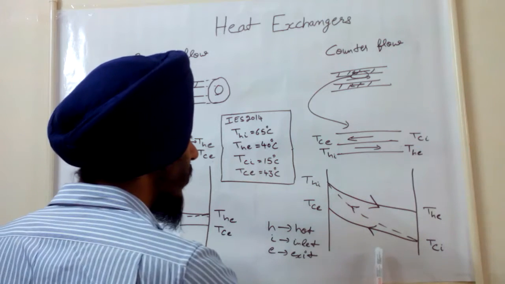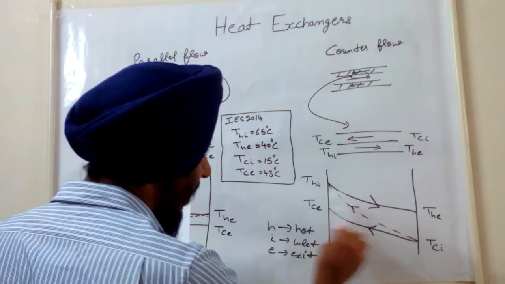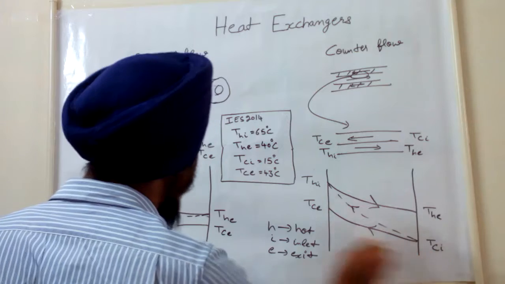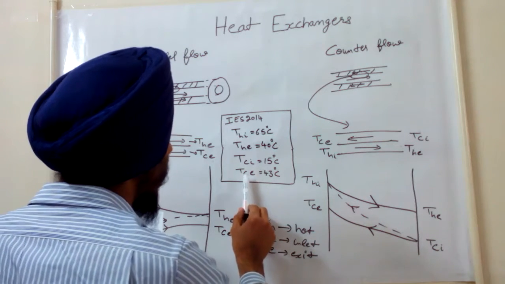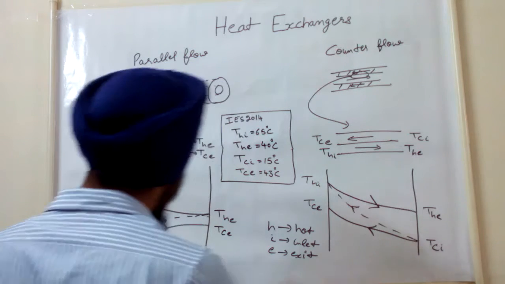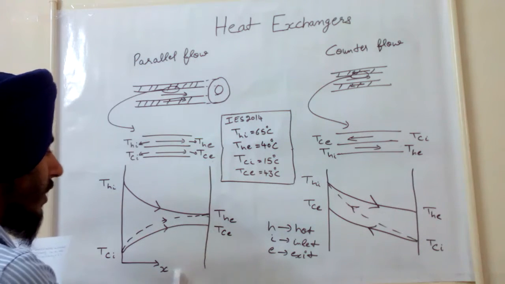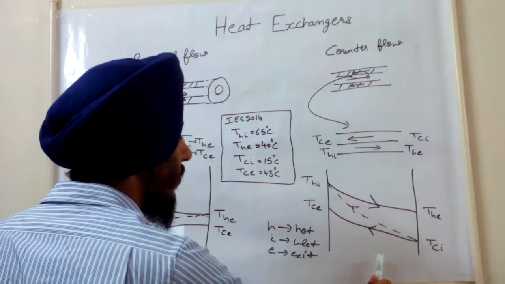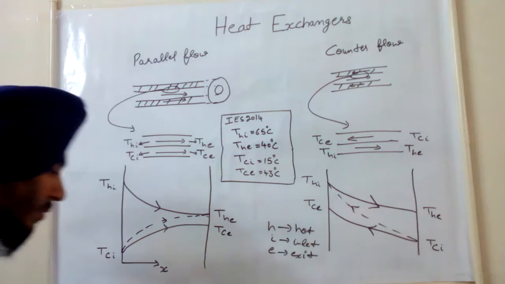But in case of counter flow heat exchanger, T_CE can exceed T_HE. Here T_CE is greater than T_HE. So we can clearly make out it is not a case of parallel flow heat exchanger, it is a case of counter flow heat exchanger.